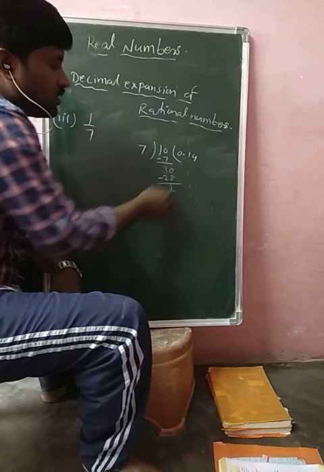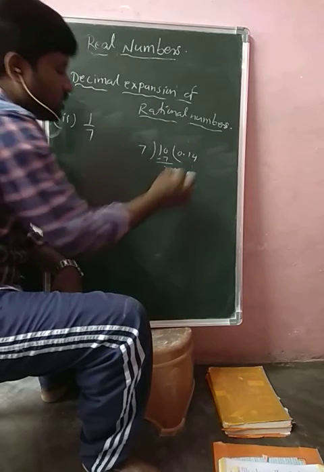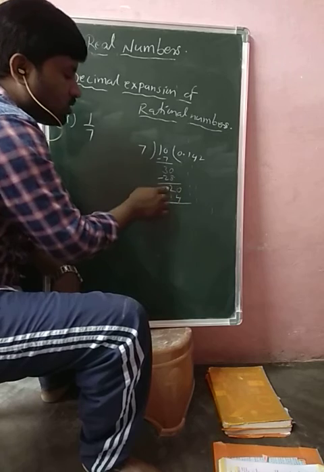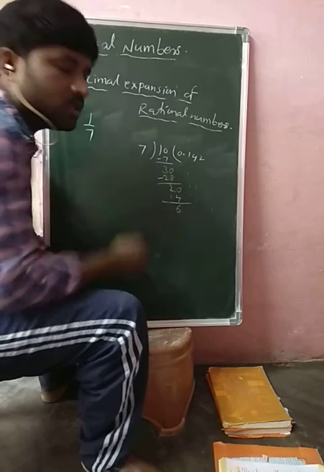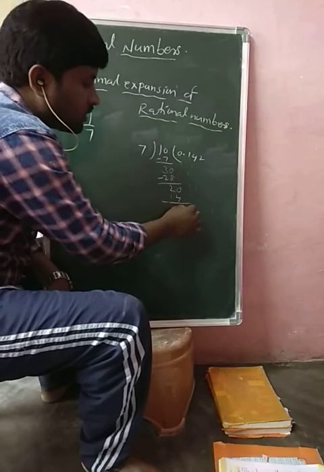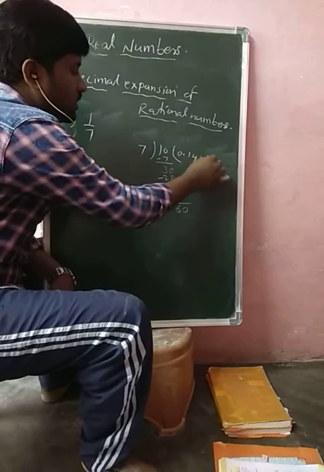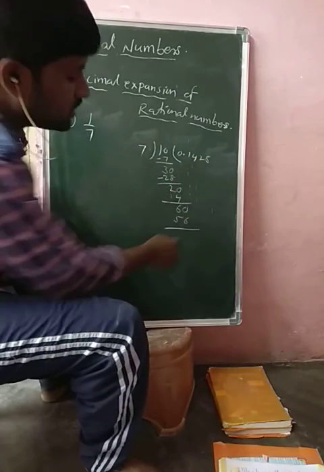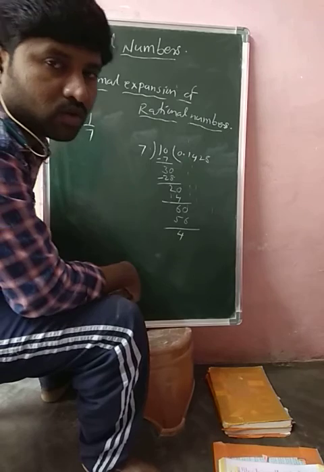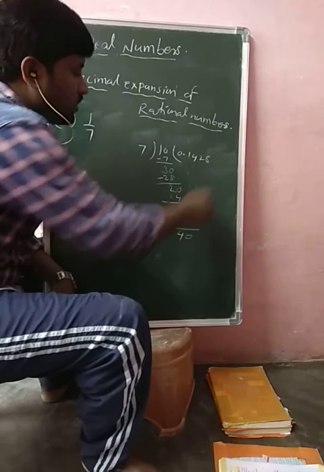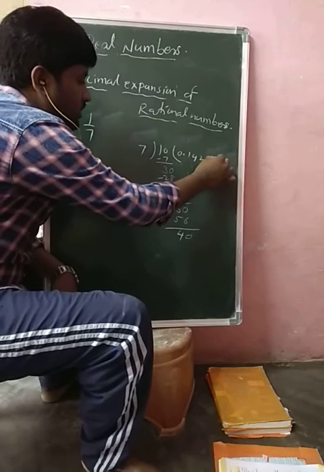Okay, so already point is there, take 0. 7 2s are 14. 20 minus 14 means that 6 will come. Already point is there, take 0. 7 8s are 56. 60 minus 56 means we get a 4. Okay, already a point is there, means take 0. 7 5s are 35.